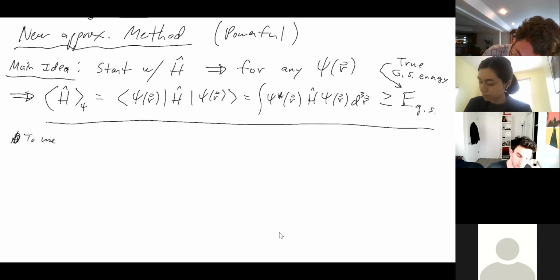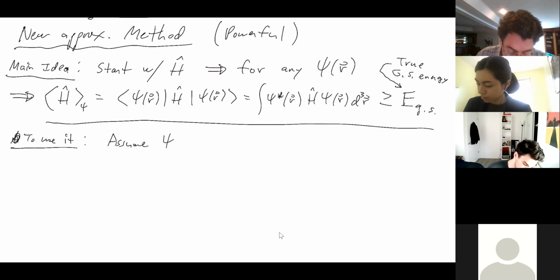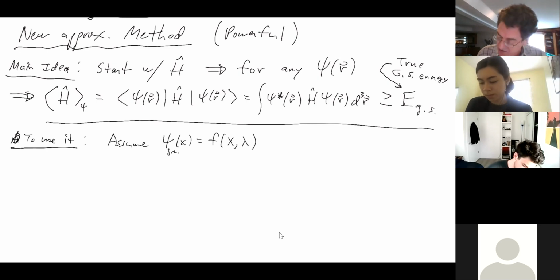use this, what you do is you assume that the ground state wave function is equal to some arbitrary function of x parameterized by some other parameter, lambda, some arbitrary parameter.